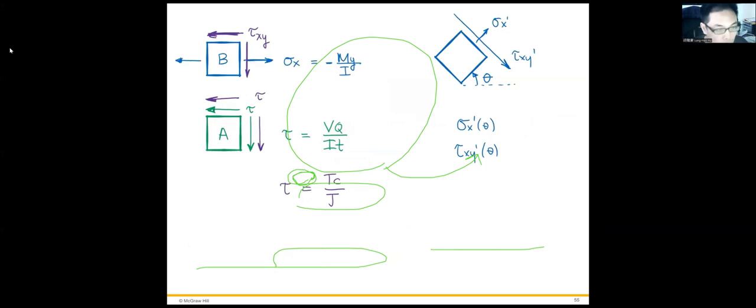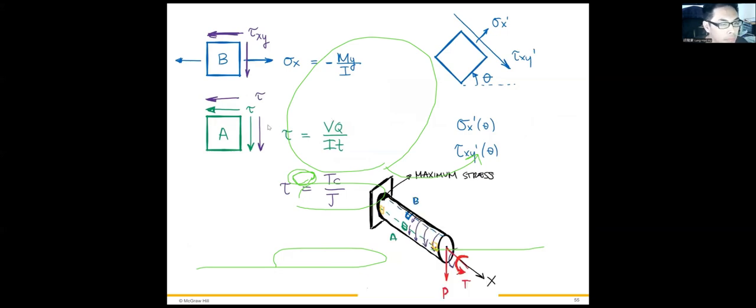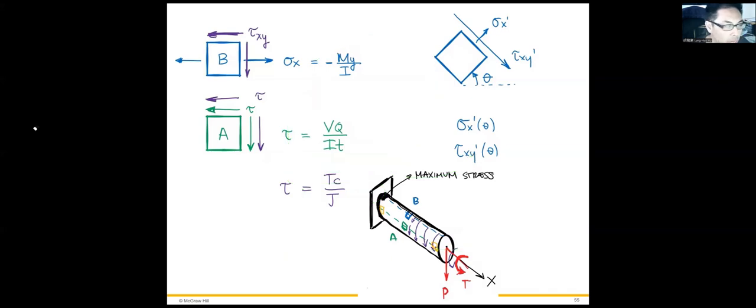Okay, so suppose we have an element like this. There's a rod, a fixed solid rod, which is subjected to a torque and a point load at the free end.